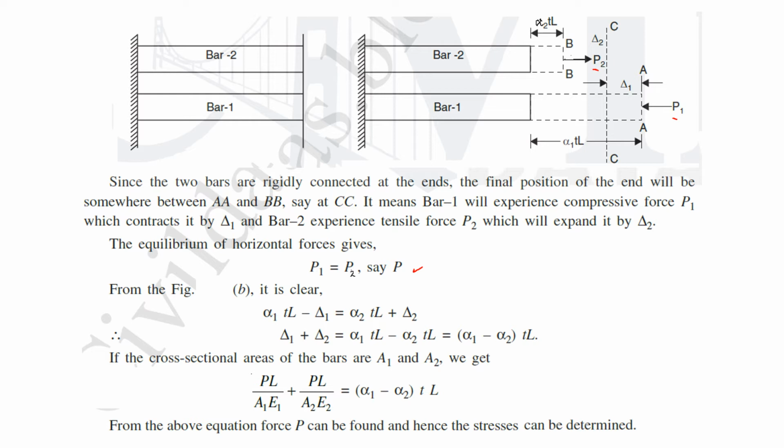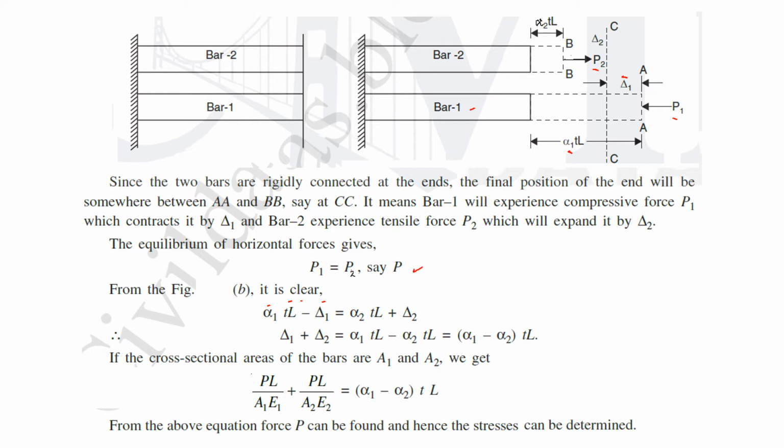CC is the final position and the net expansion of bar 1 is alpha 1 TL minus delta 1, where delta 1 is the decrease in length due to the compressive force P1. So alpha 1 TL minus delta 1 is the distance up to CC while considering bar 1.